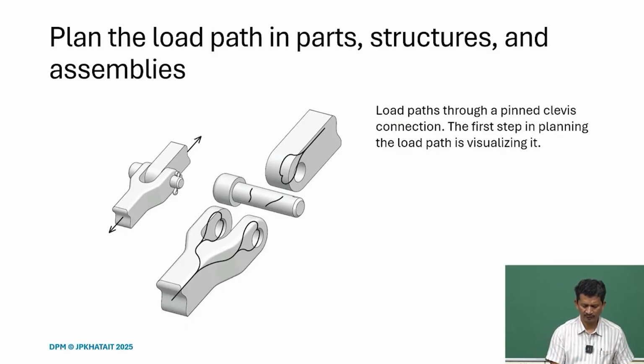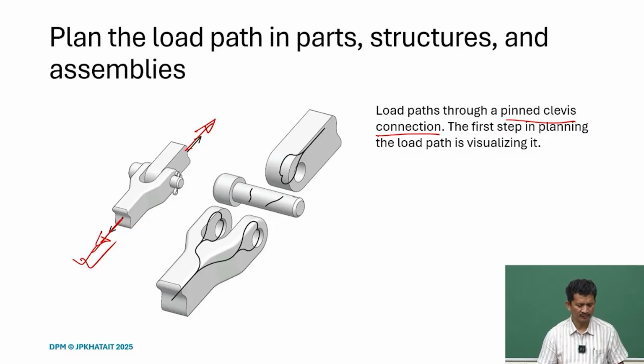So, in this case, if you take this example, a pin clevis connection. So, these are the external loads that we have. This is what we see, but there are many parts here, the pin is here. So, when we are applying this load, the tensile load, how is it traveling?